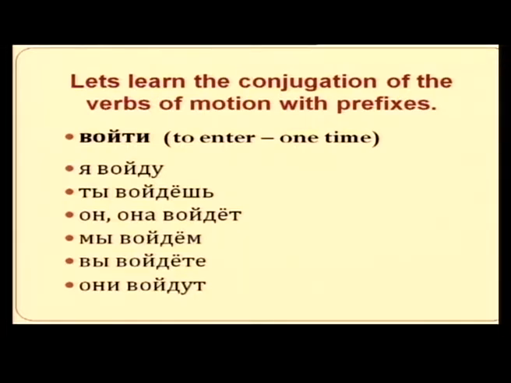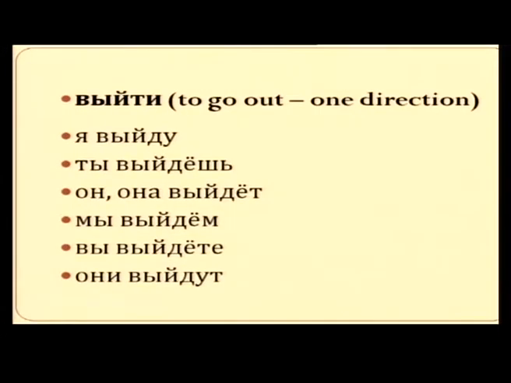Я войду, ты войдешь, она войдет, мы войдем, вы войдете and они войдут. Likewise, we have the next verb выйти, which means to go out one direction. Я выйду, ты выйдешь, она выйдет, мы выйдем, они выйдут, etc.